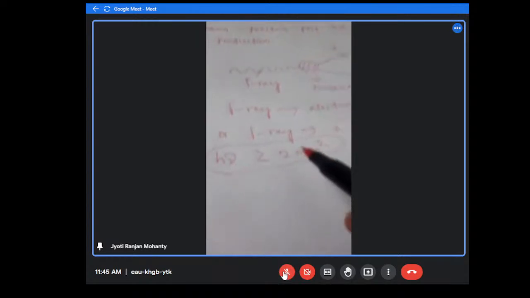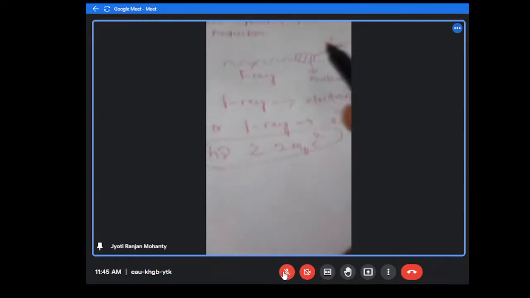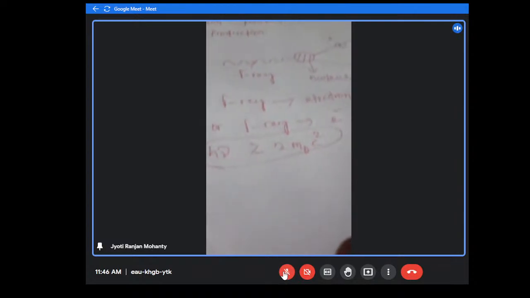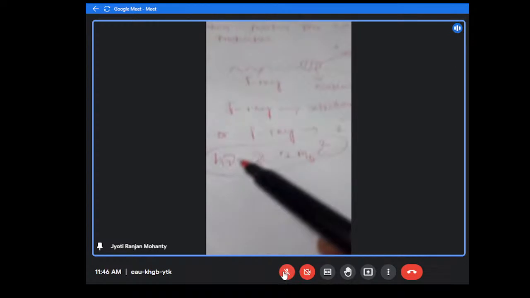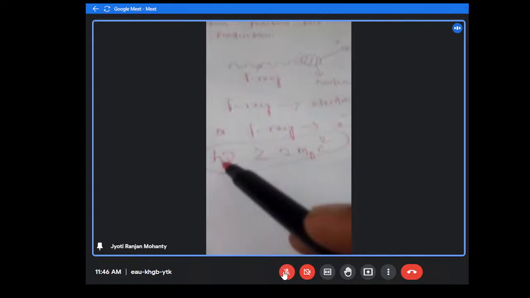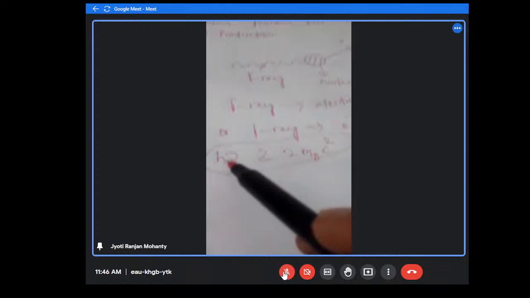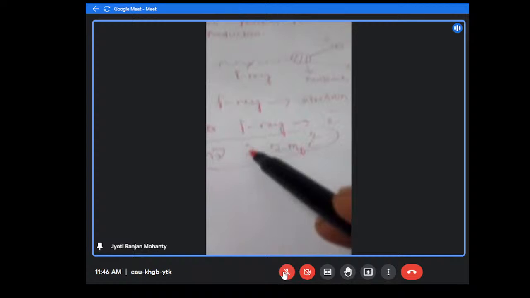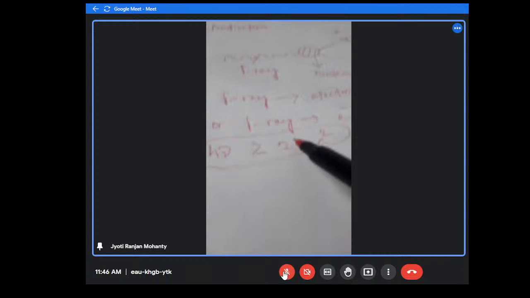So don't think that the nucleus is split into an electron and positron pair at any frequency. We have to apply a high frequency, and the frequency of the gamma ray or photon must satisfy h nu greater than or equal to 2 m0 c square.